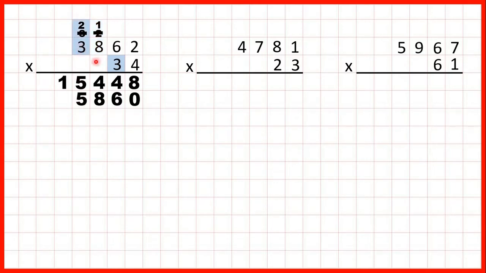And now 3 times 3 is 9, plus 2 is 11. We don't have any more digits to the left, so we can write the 11 in our answer line.